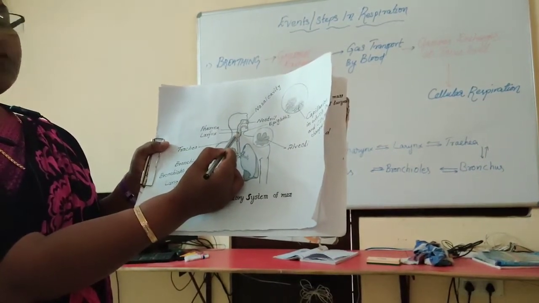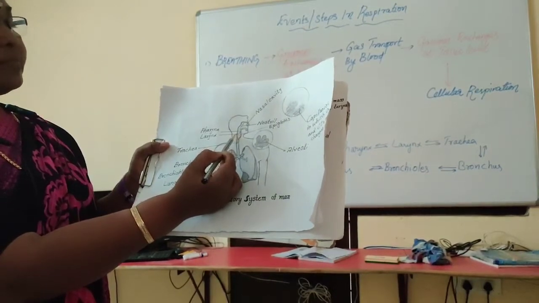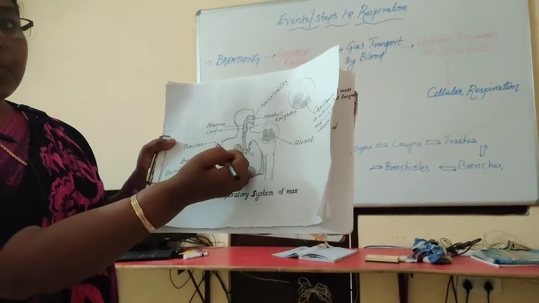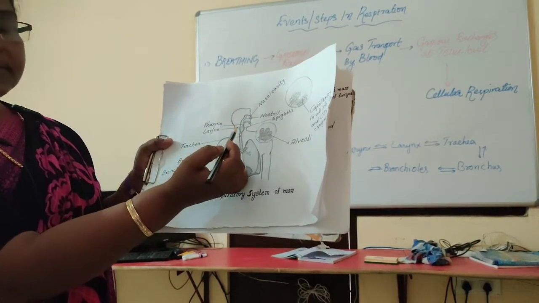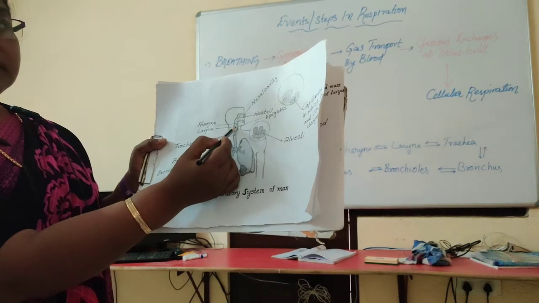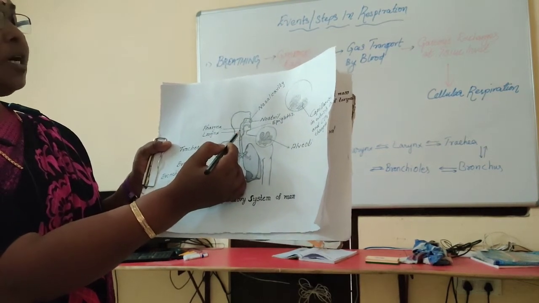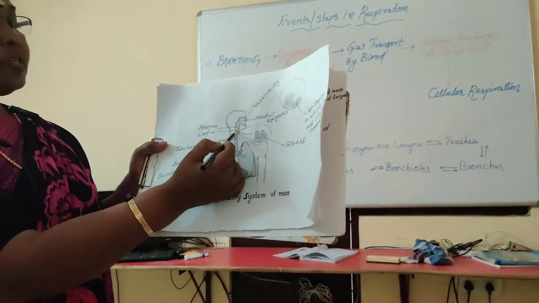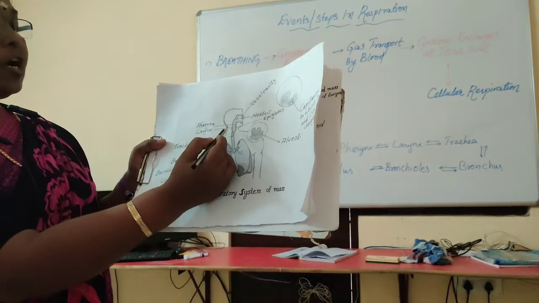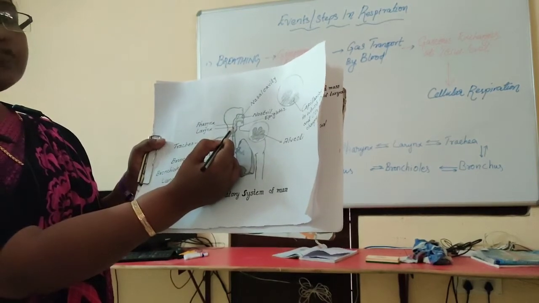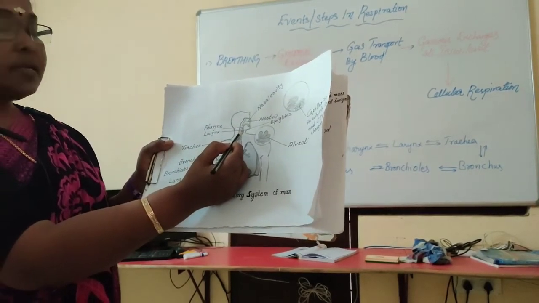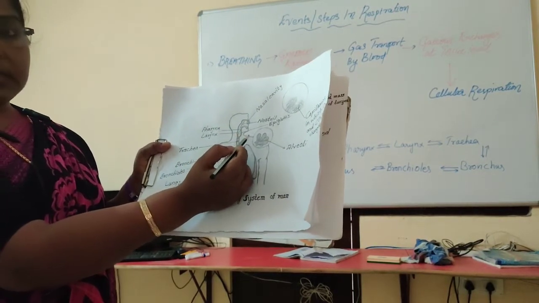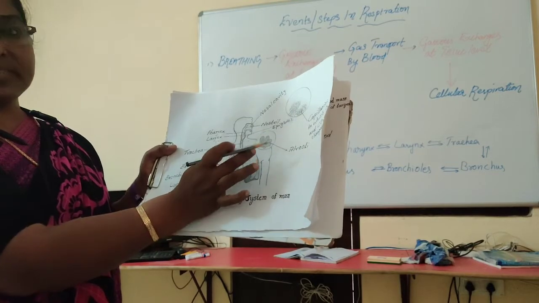Here only our voice box is situated. When air passes from our lungs through the pharynx over the vocal cords, the vocal cords vibrate. This produces sounds based on our speech, singing, etc.